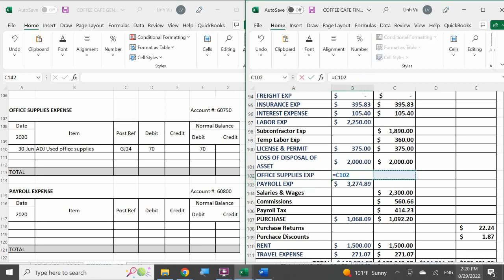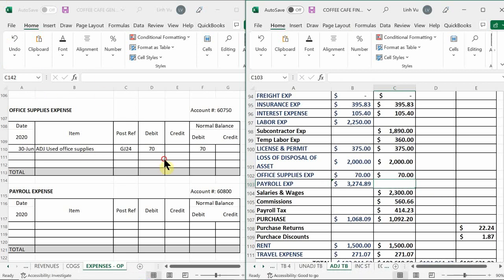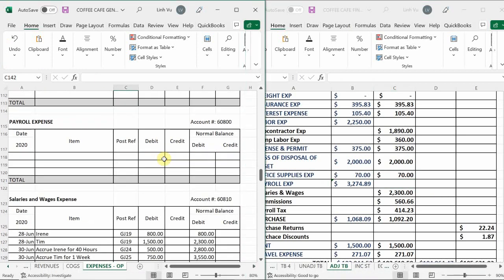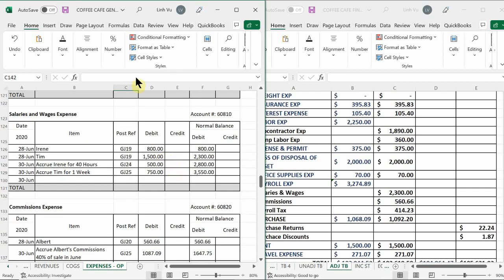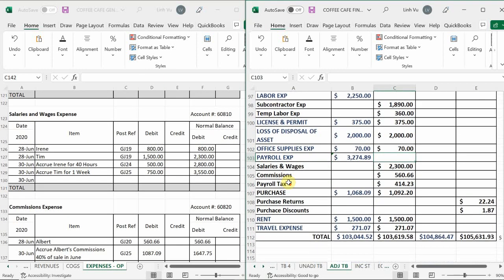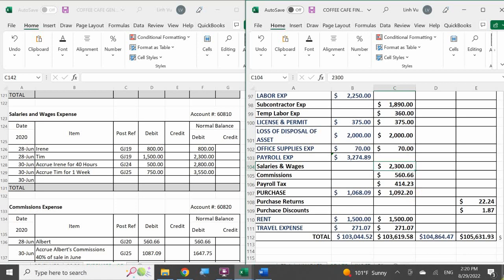Okay. For a grand total of $70. Okay. What else is there? Payroll expenses. So again, salaries and wages expense has increased because we had to accrue. So it is now valued at $3,550.